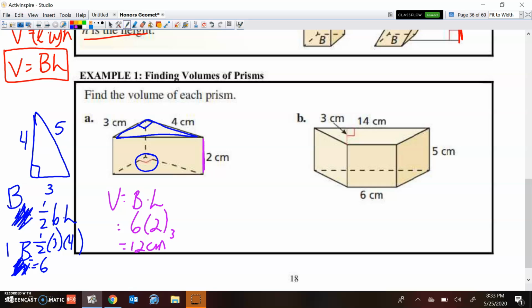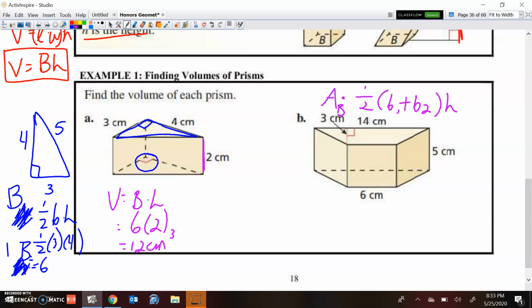All right, in this next one, our base is a trapezoid, so area of a trapezoid. We can do capital A, even if you wanted to do a capital A with a little subscript of capital B, however you choose, or just remember it's the area of the base, it doesn't matter. But 1/2 base 1 plus base 2 times the height.